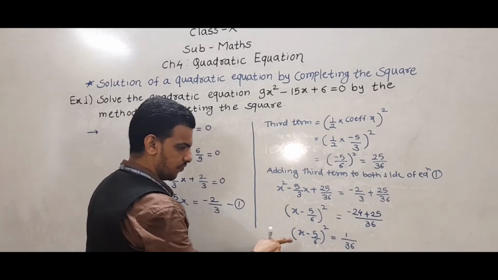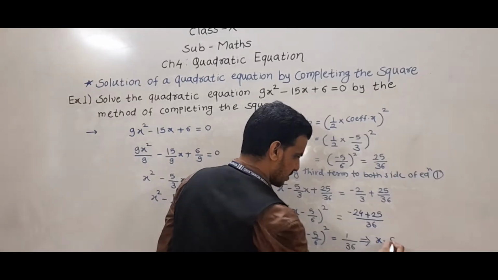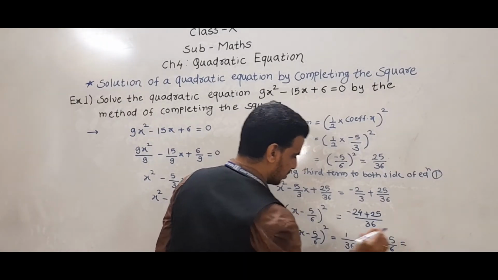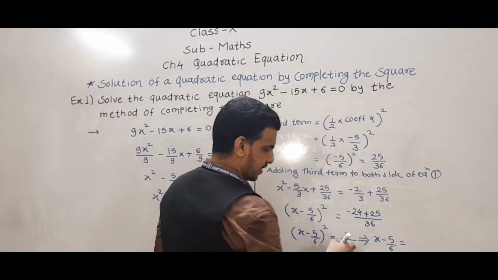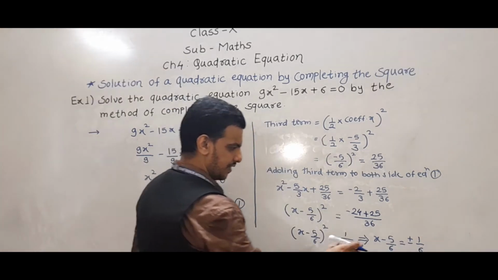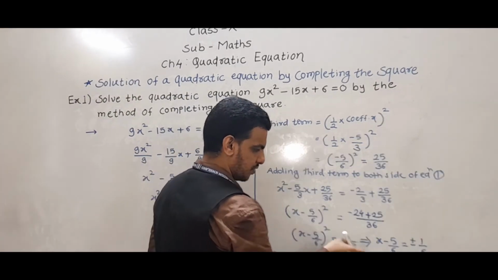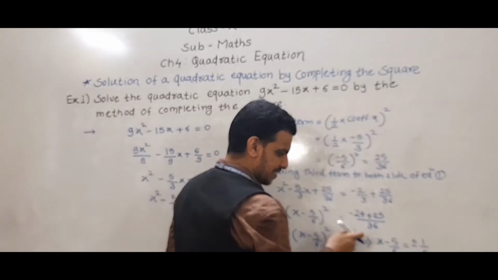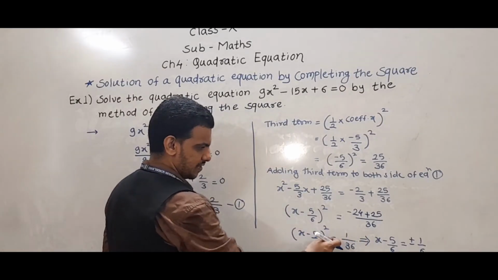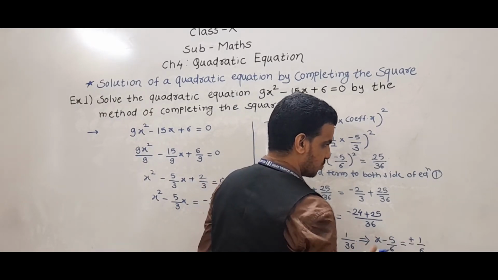If we take the square root on both sides, x minus 5 by 6 is equal to plus minus 1 by 6. You can give this plus minus to the LHS or RHS, but it is easy to give it to the RHS. So x minus 5 by 6 is equal to plus minus 1 by 6.